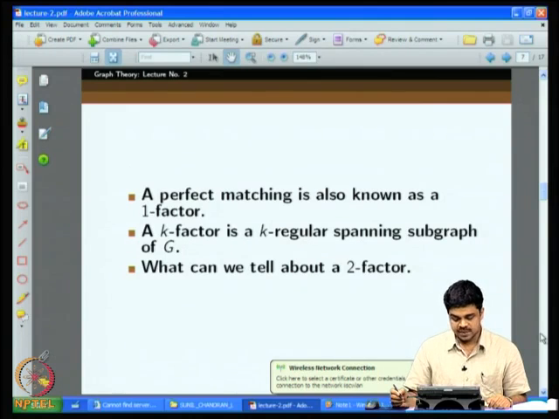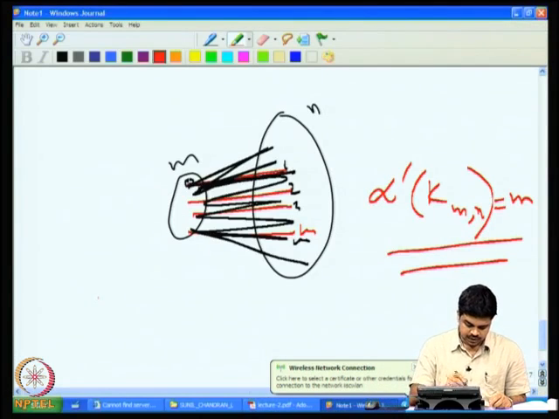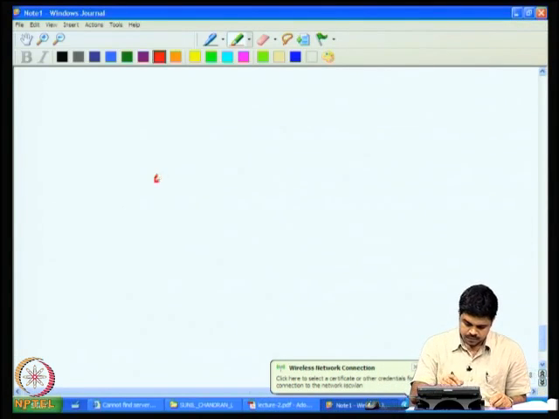There are two words coming here, regular, k regular. What do I mean by k regular? K regular means the degree of each vertex in the graph is k. So, for instance, we can consider a cycle again.